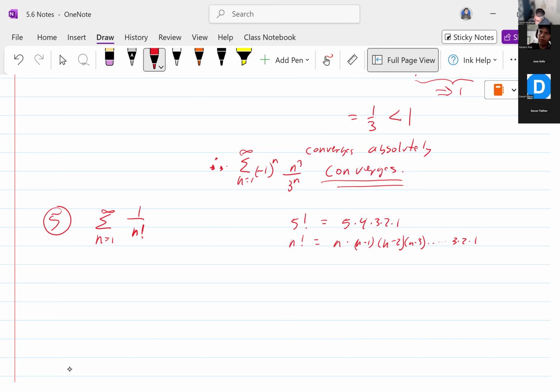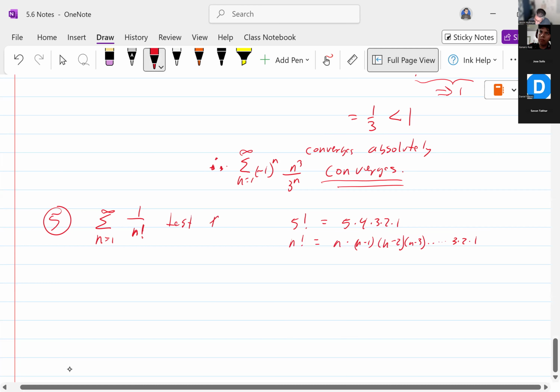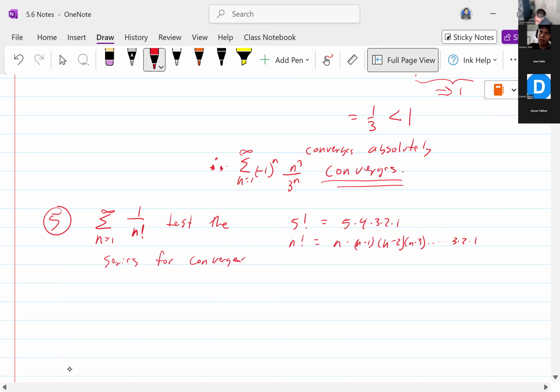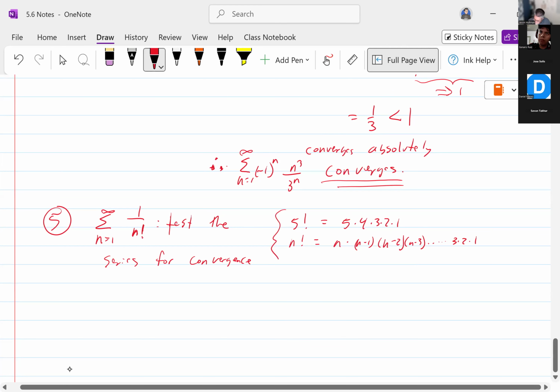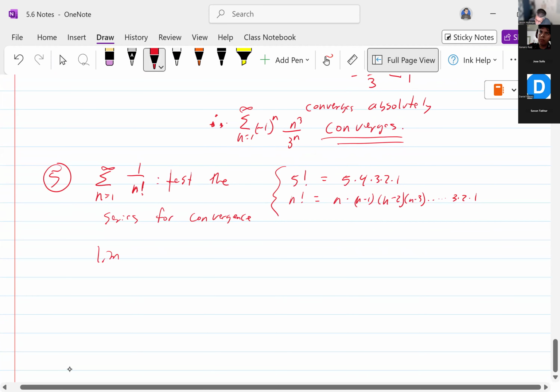Test the series for convergence. So now we're going to say, the limit as n goes to infinity of a sub n plus 1 over a sub n is equal to the limit as n goes to infinity of 1 over n plus 1 factorial all over 1 over n factorial.